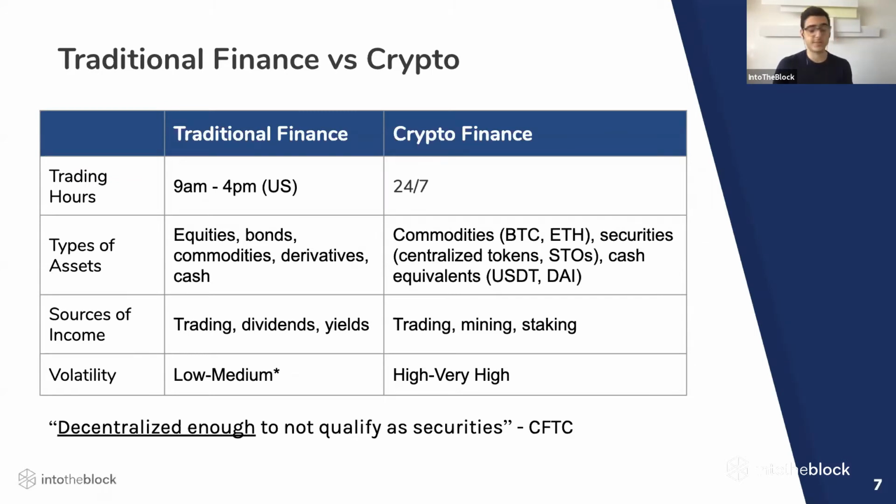Volatility, as many of you may know, the cryptocurrency space is a high or very high volatility and risk associated with investing in this space, whereas traditional finance is known for being low or medium volatility, at least by and large.